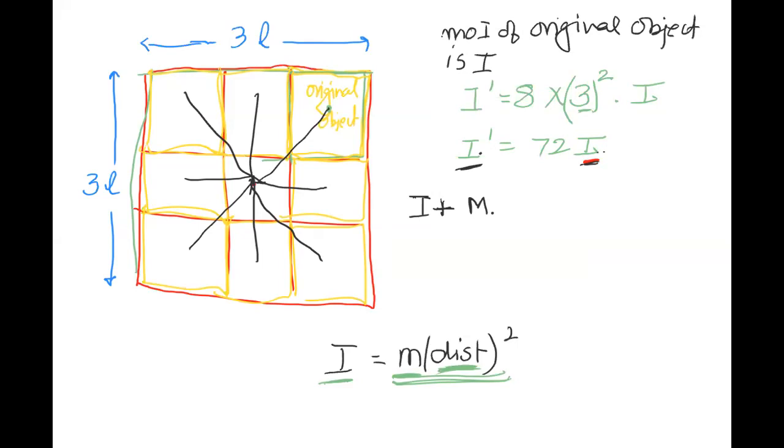So I've scaled it up because using this relation, I can find the relationship between the moment of inertia of the original object and the scaled object.